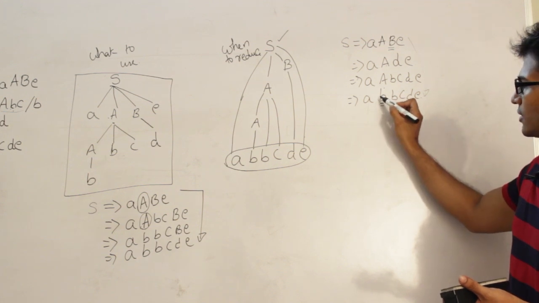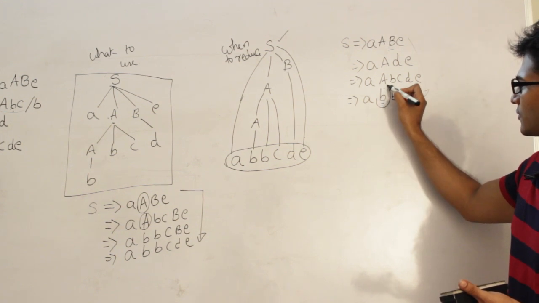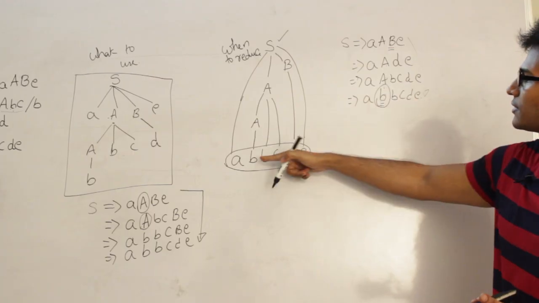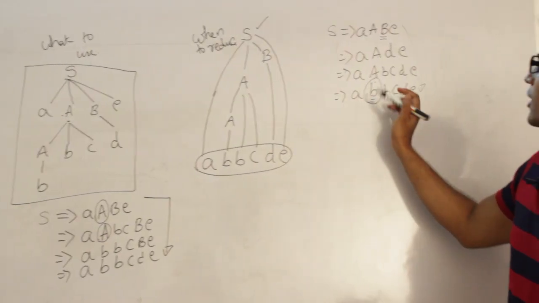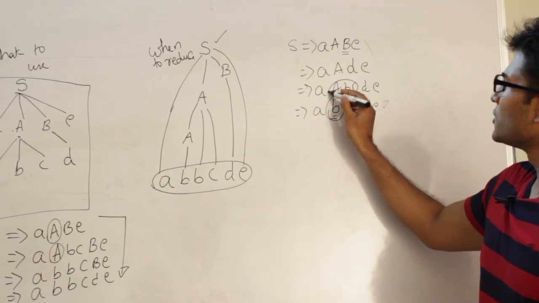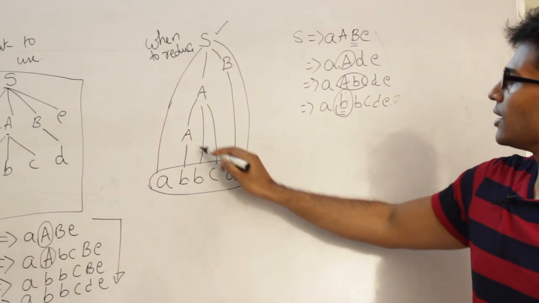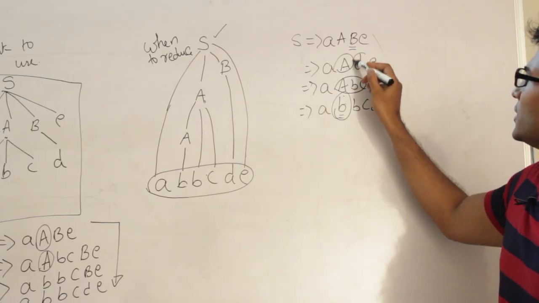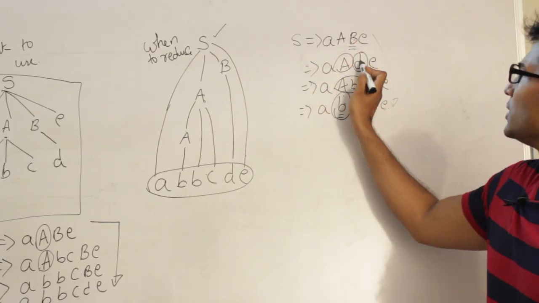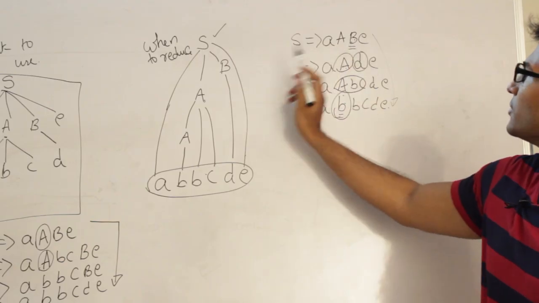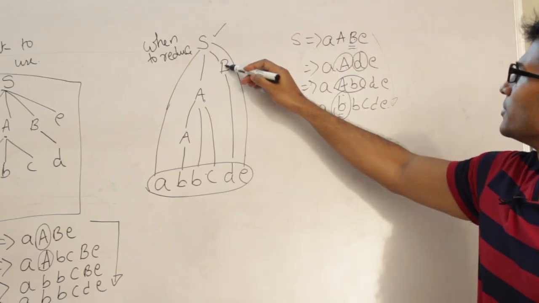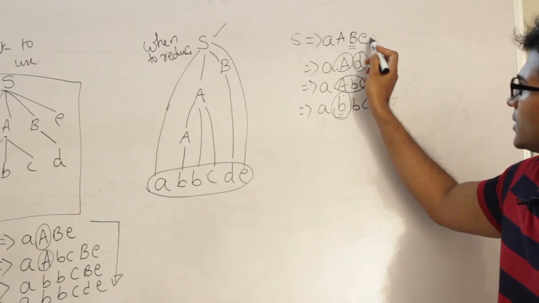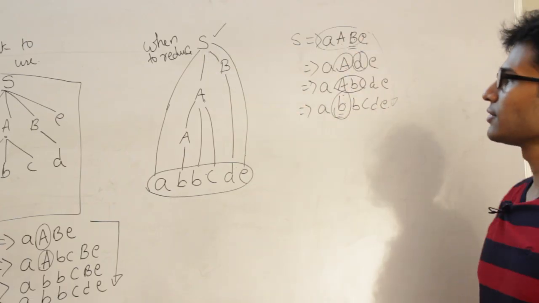So the first thing that is reduced is this one, B is reduced to A, isn't it? And then A, B, C is reduced to A, and then D is reduced to B, and then A, B, E is reduced to S, right?